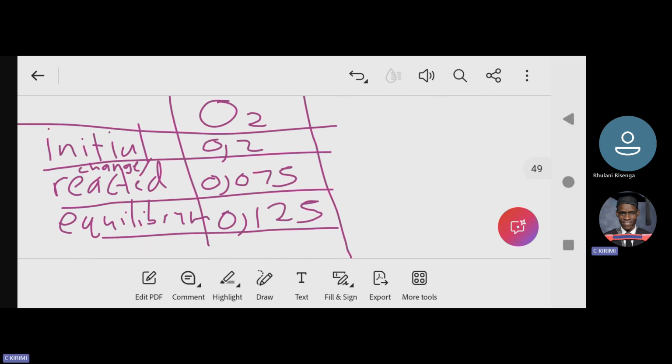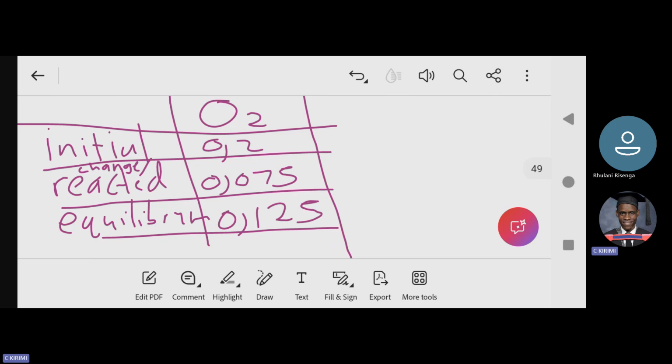And for products, the number of moles at equilibrium is the same as the number of moles that reacted, which means the change. Initially you have 0 for the products, but the number of moles is the change, or the one that reacted. So for products, it will be the change. Reacted is only for the reactants.